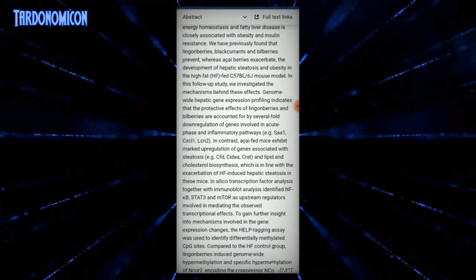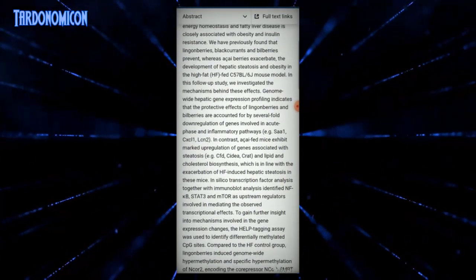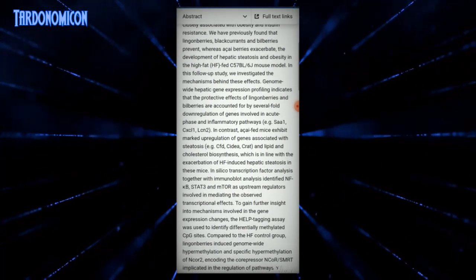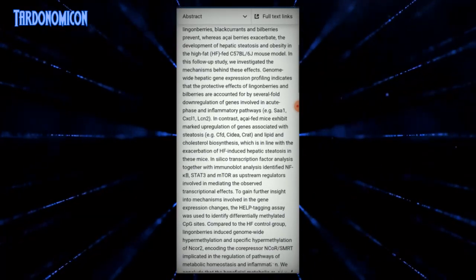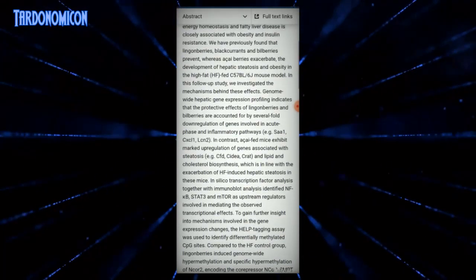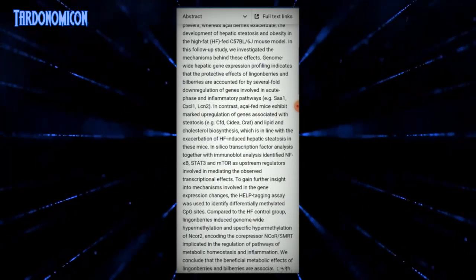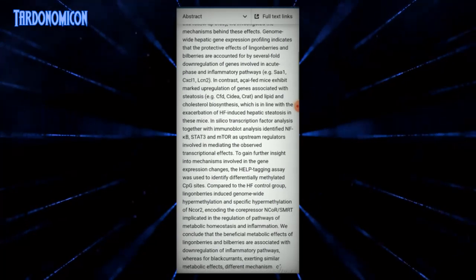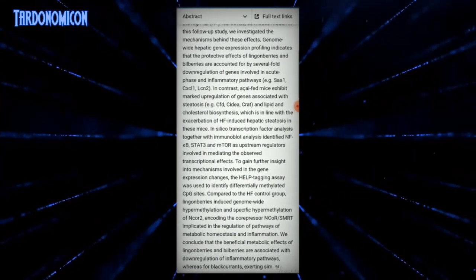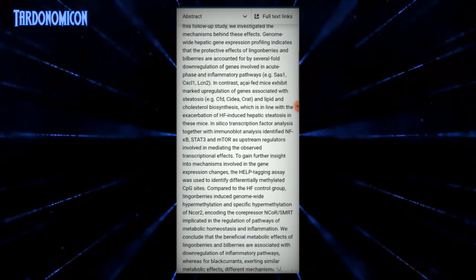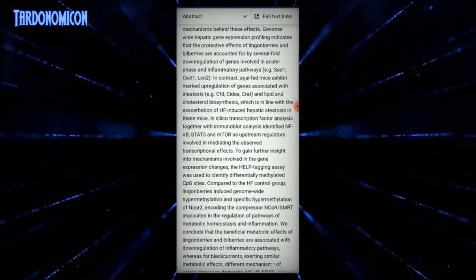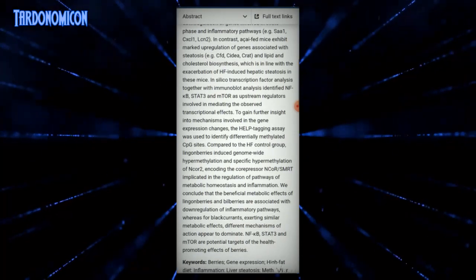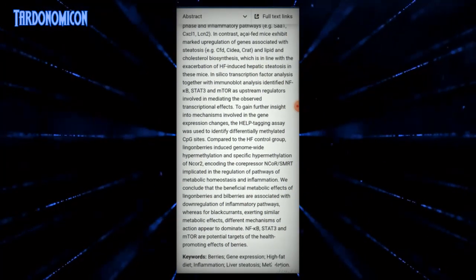Genome-wide hepatic gene expression profiling indicates that the protective effects of lingonberries and bilberries are accounted for by several-fold downregulation of genes involved in acute phase and inflammatory pathways. In contrast, acai berry-fed mice exhibit marked upregulation of genes associated with steatosis and lipid and cholesterol biosynthesis, which is in line with the exacerbation of high-fat induced hepatic steatosis in these mice.